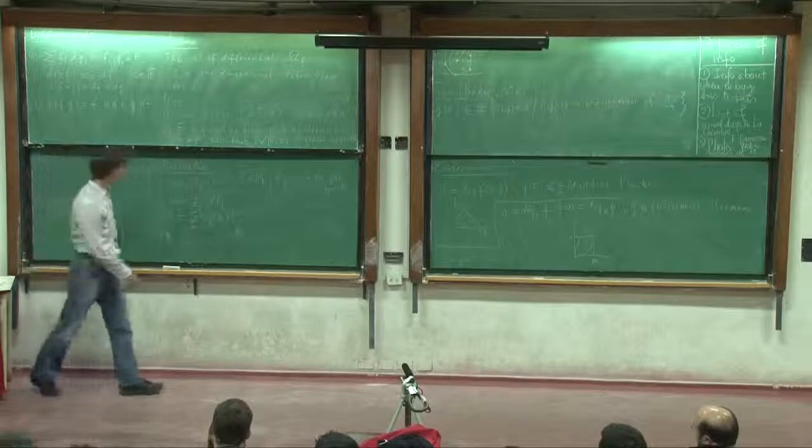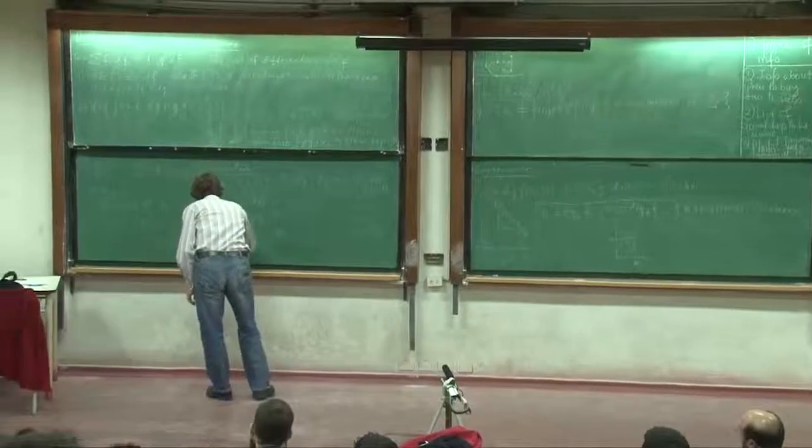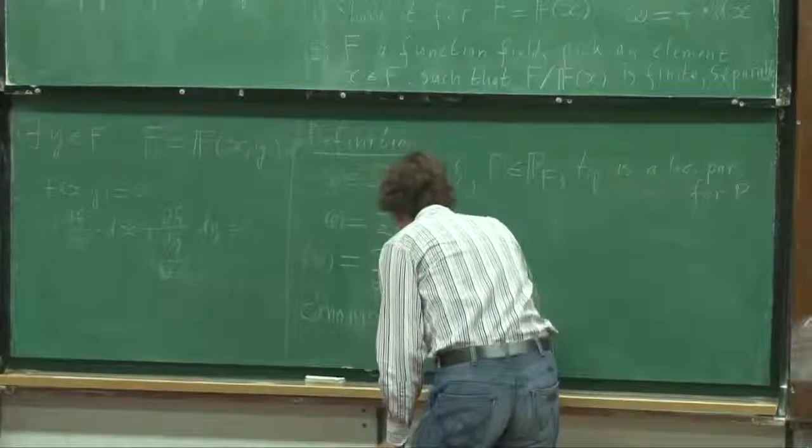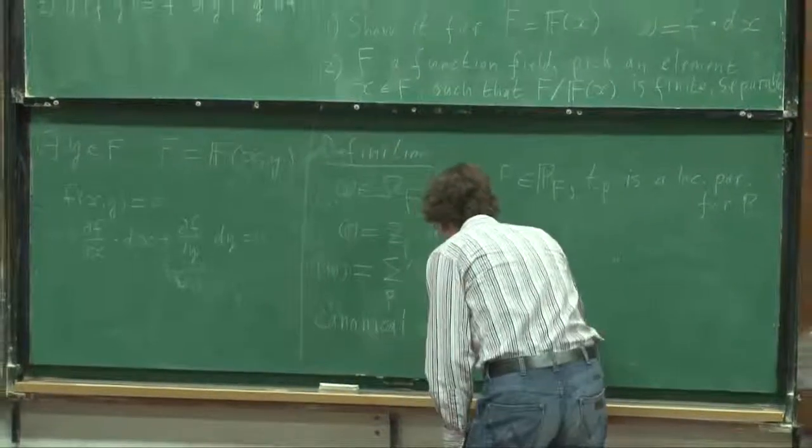So this is why this is often called the canonical divisor. This is in some sense only one choice, up to equivalence.